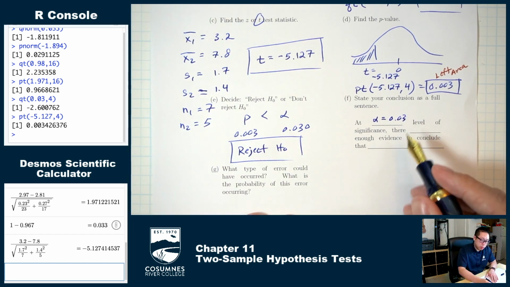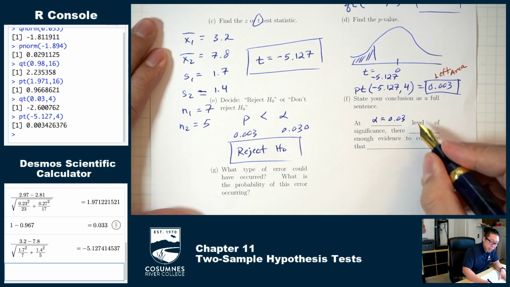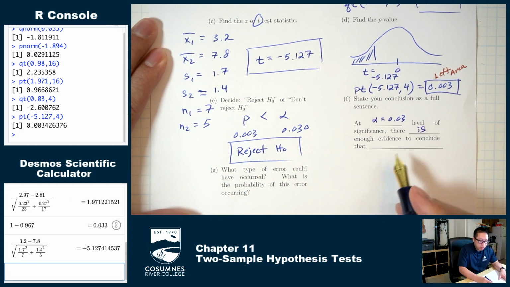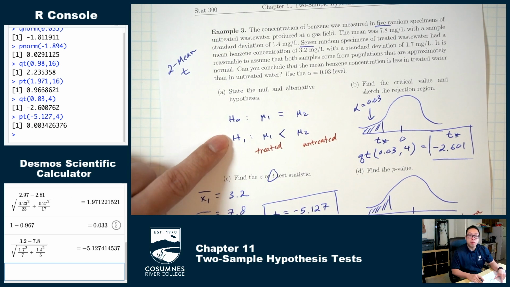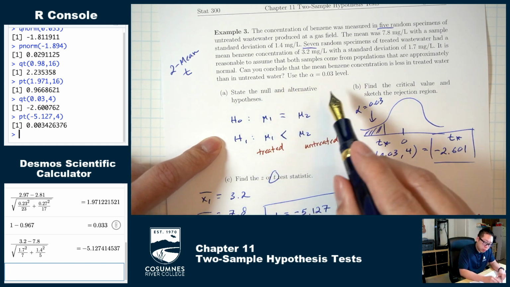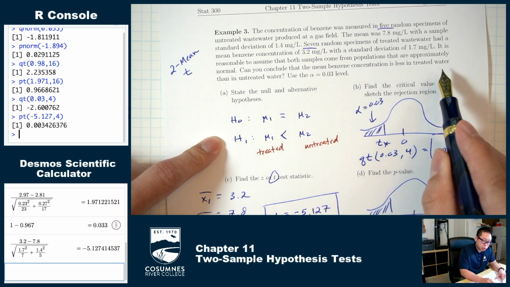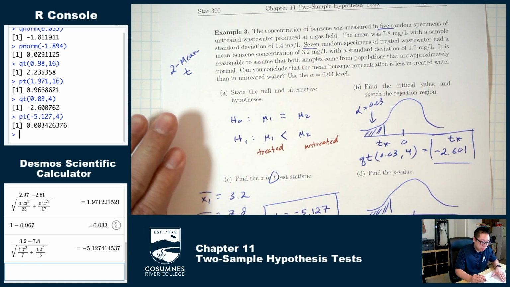Level of significance, there is or is not enough evidence. If you rejected, then there is enough evidence to conclude that and then rewrite H1 as a sentence. So this is really just saying that the mean for treated water is less than the mean for untreated. Or go back to the question, can you conclude that the mean benzene concentration is less in treated water than in untreated water?